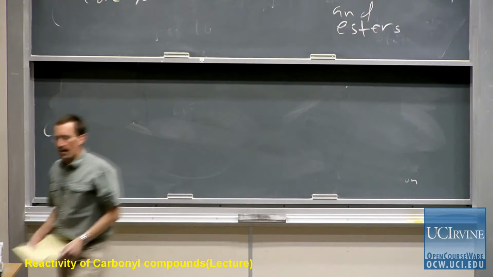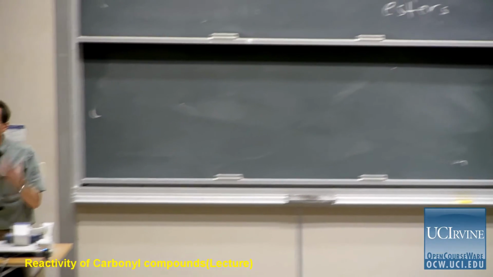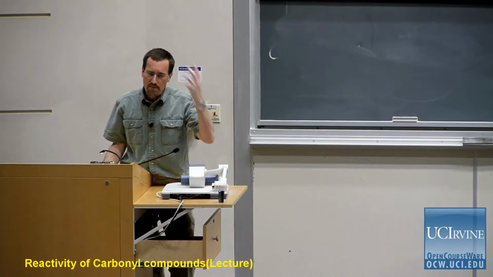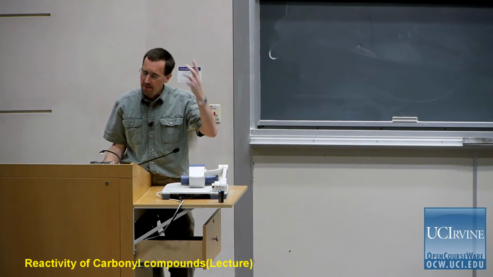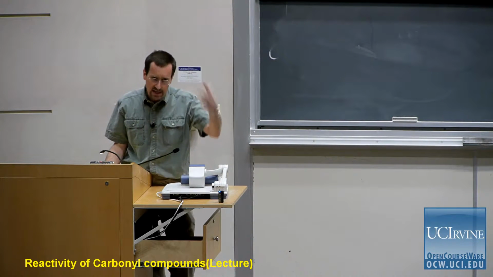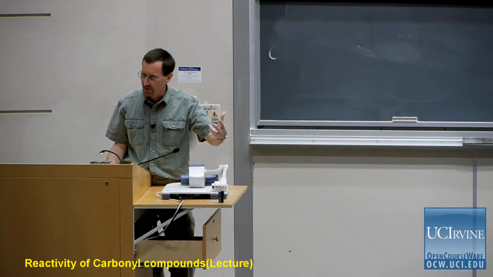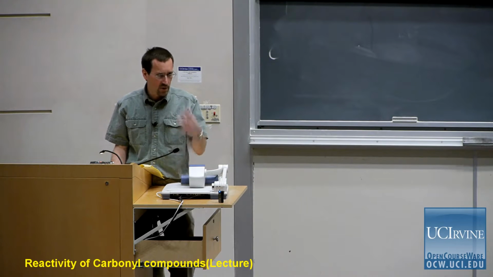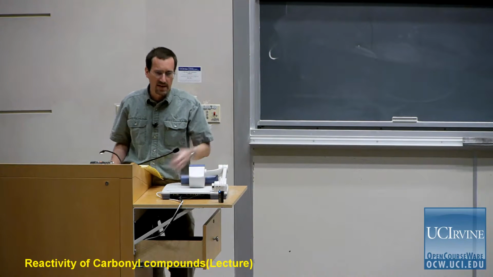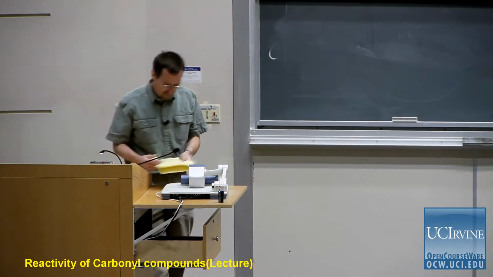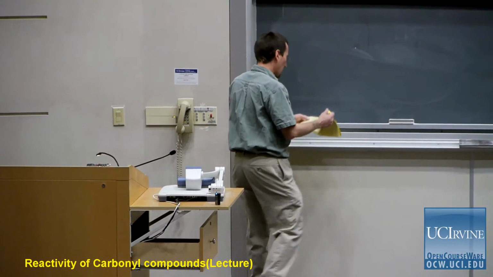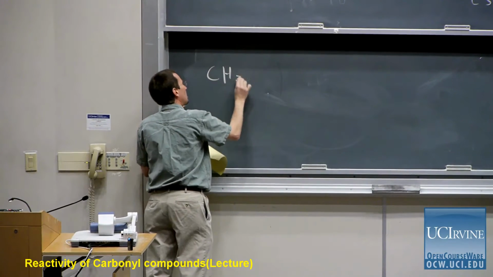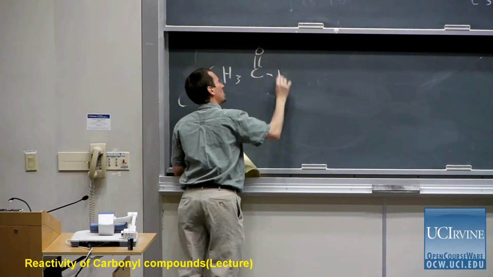So this means, for example, if I were to mix a mole of sodium borohydride with a mole of an aldehyde, a mole of a ketone, and a mole of an ester, I would expect the aldehyde to react first. In other words, if I monitored the reaction by thin layer chromatography, the first species I would expect to disappear would be the aldehyde.